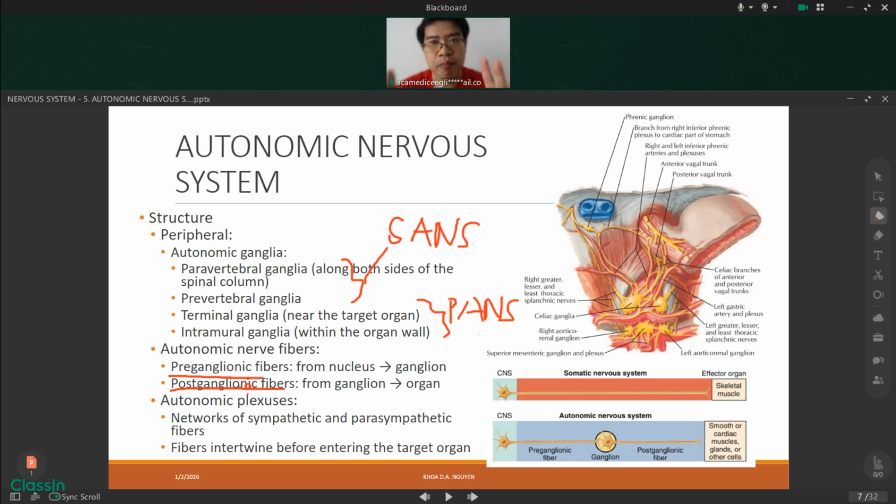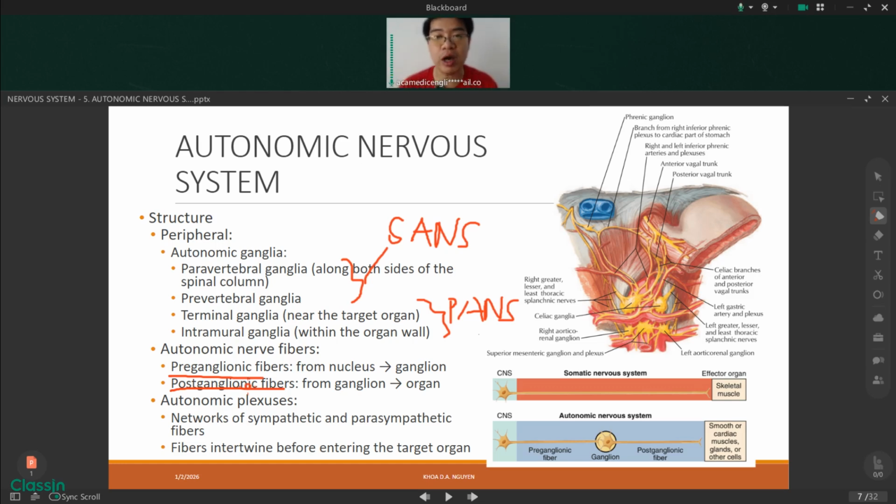Okay, but in most of these plexuses, the cardiac plexus, the esophageal plexus, the pulmonary plexus, even the plexuses within the abdominal cavity, like the superior mesenteric plexus, the celiac plexus, as well as the inferior mesenteric plexus, usually the fibers of the parasympathetic nervous system make a network like this, and then sympathetic fibers also go into that network.